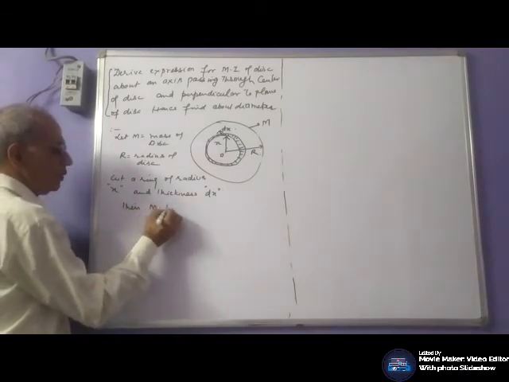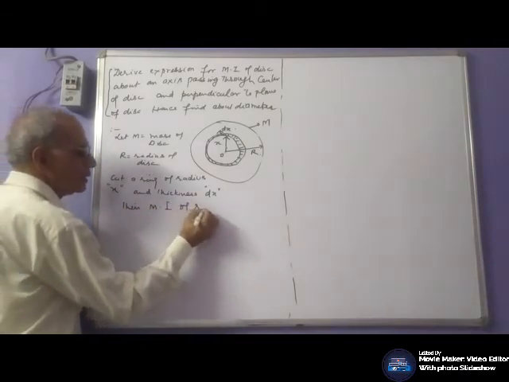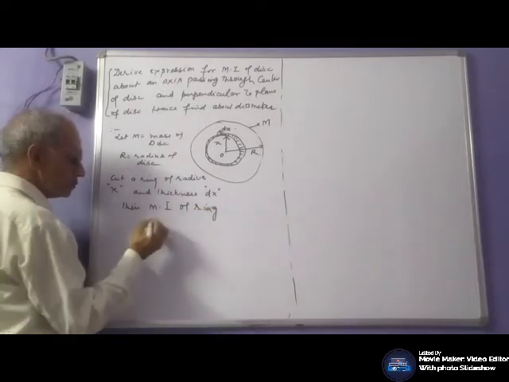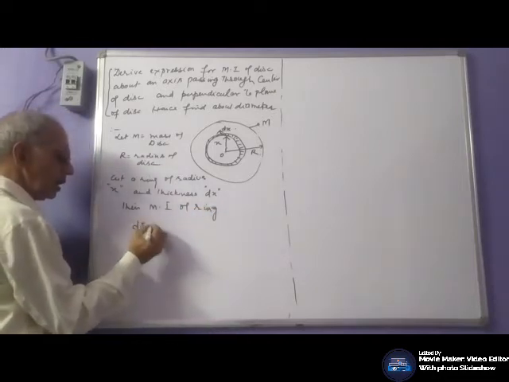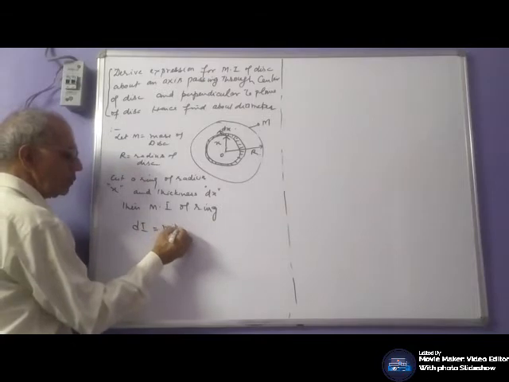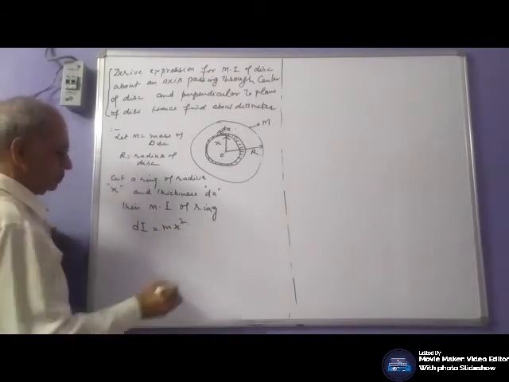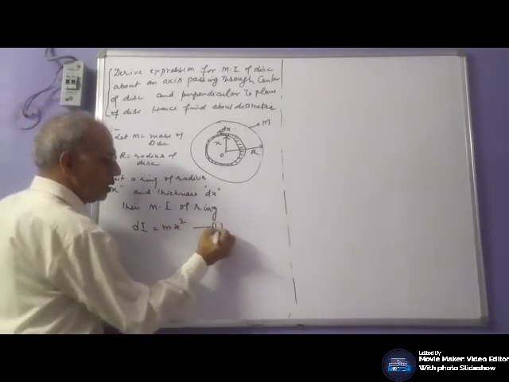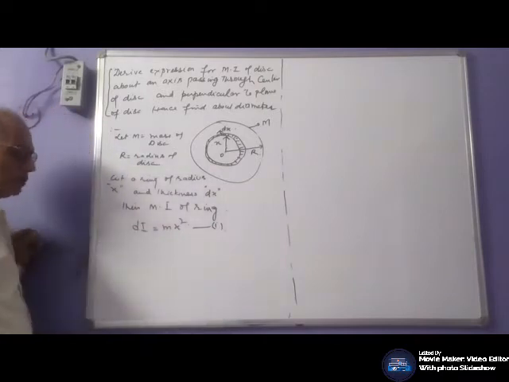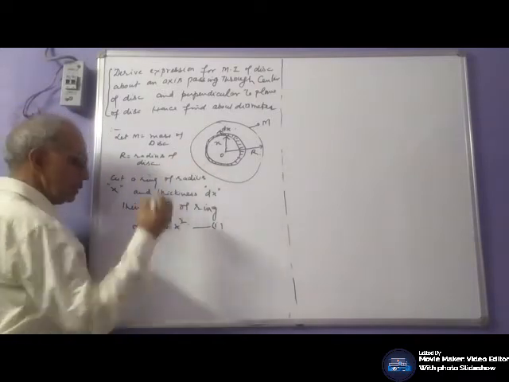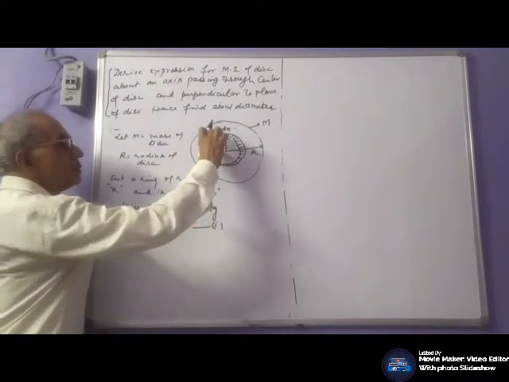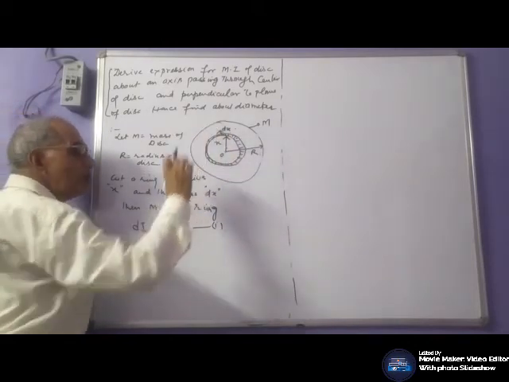Then moment of inertia of ring. What did we do just now? m x square. Small m is mass of ring, x is distance from point of rotation.